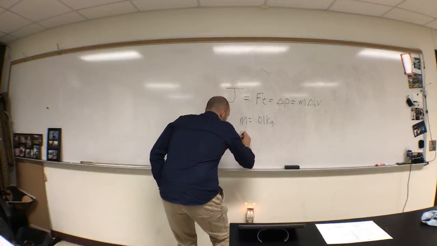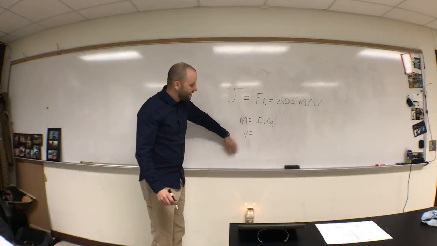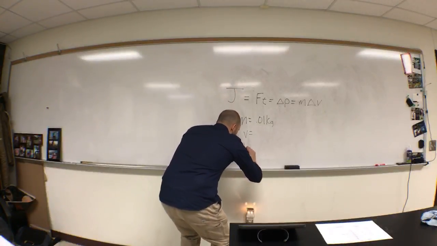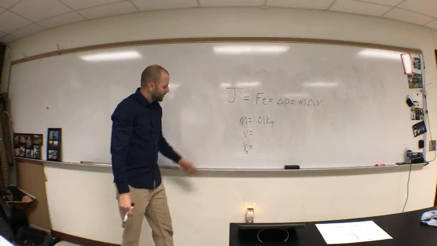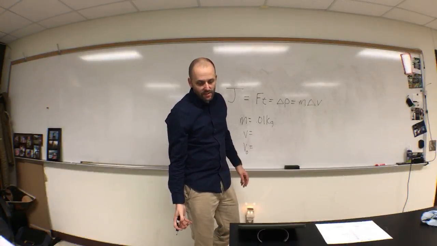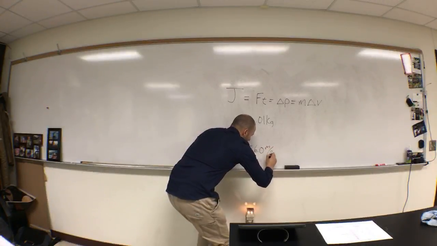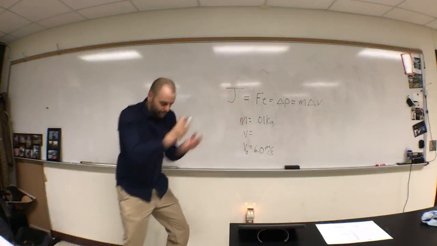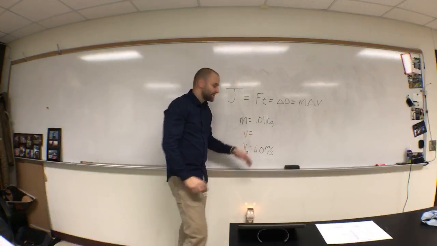And my delta V, well, let's figure that out. The first thing I need is a final velocity and V naught, or initial velocity, or the starting velocity. So we stopped it. It was moving 6 meters per second. So that means that the initial velocity was this. It came to a stop. That means that the final velocity was 0.